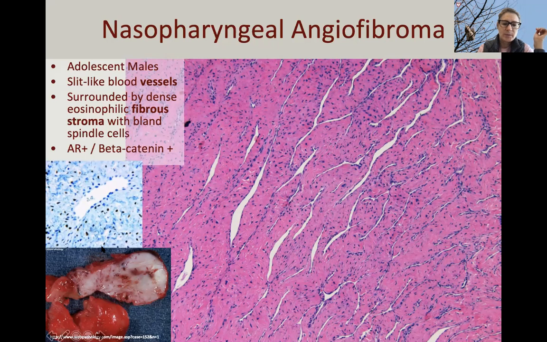Because they're so vascular, right, they tend to be very bloody, very hemorrhagic. These kids present with nosebleeds, and sometimes they are embolized, of course, before these kids go to surgery to help minimize bleeding. They do express androgen receptor and beta-catenin in the nucleus, so these can be used as markers for us as pathologists. But these are benign. It's mostly just a bleeding manifestation clinically.